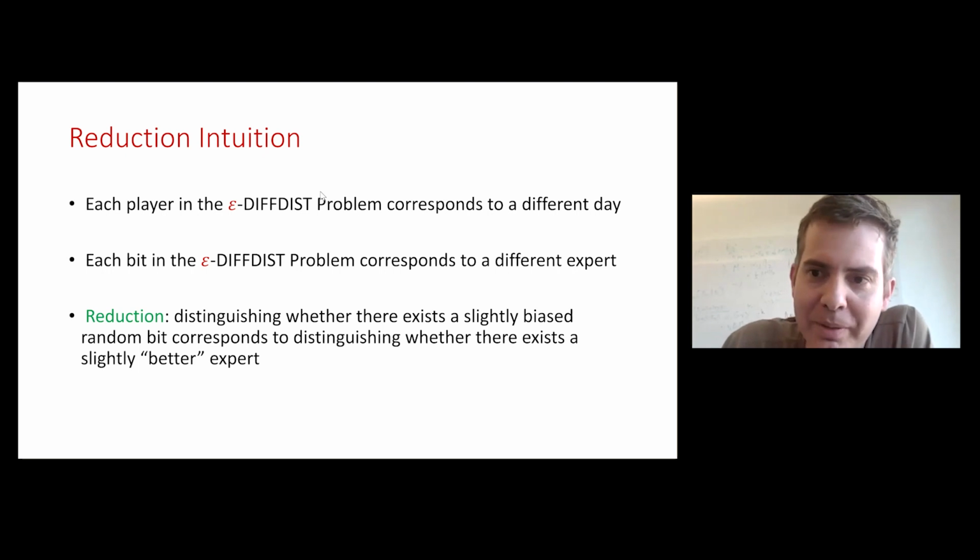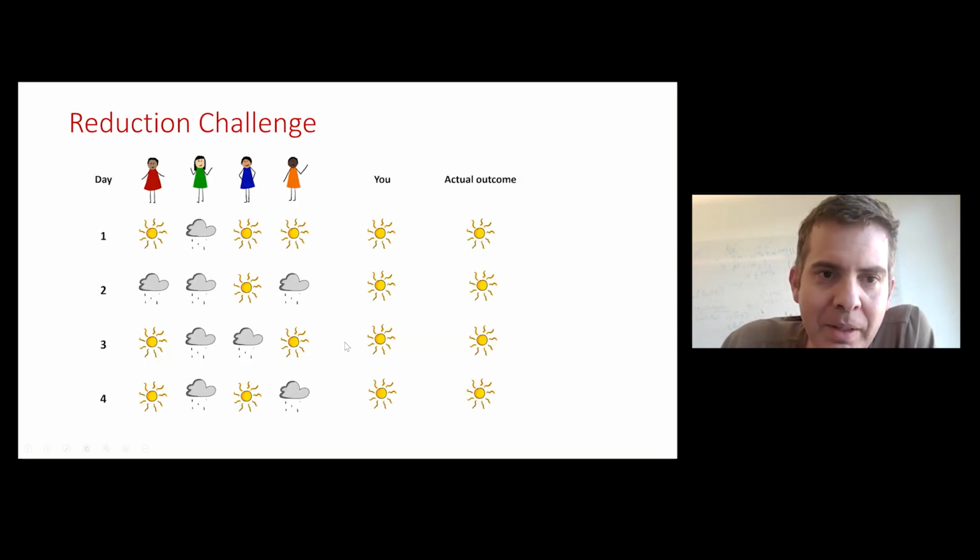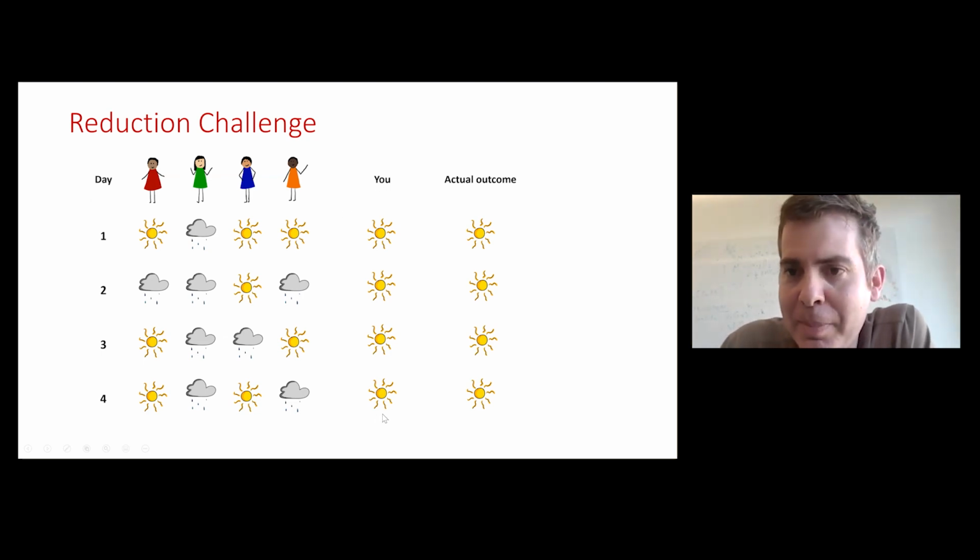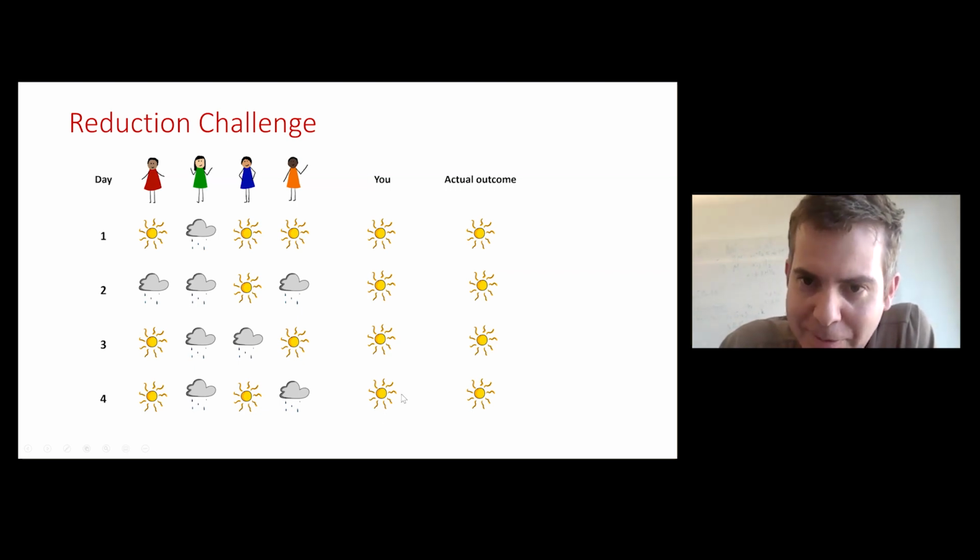Doesn't work as a lower bound. Right, so the challenge is, here's the usual table: the rows are the days, the columns are the experts. Don't even look at these experts, just predict it's always going to be sunny. And the best expert is predicting sunny 1/2 plus epsilon of the time. There's your low regret algorithm.